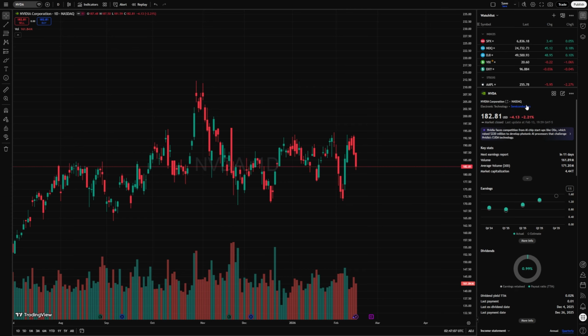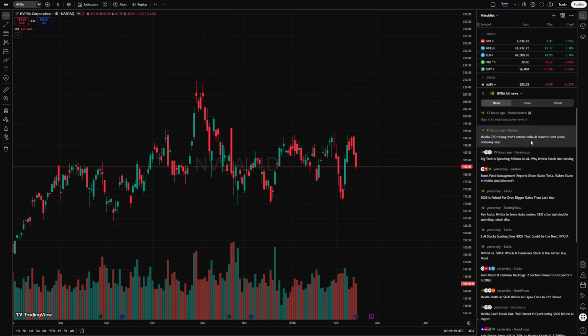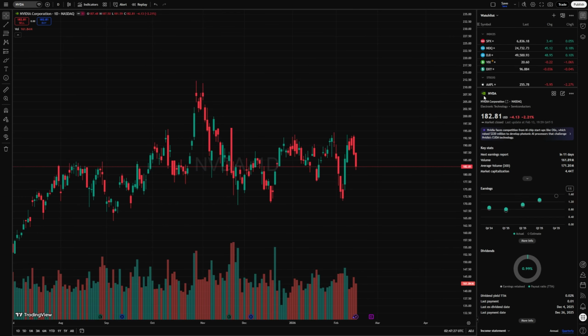This will be different for different companies, and you can see the latest news on them, like Nvidia facing competition from AI chip startups. These are pretty good for understanding the most recent news that could be causing certain things to happen with the chart.